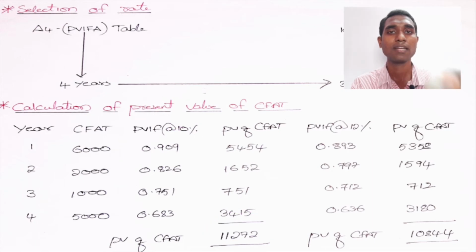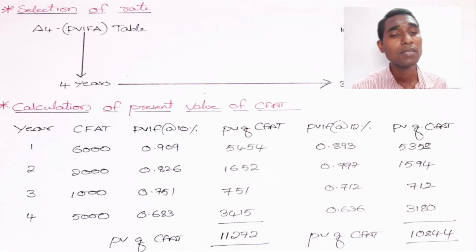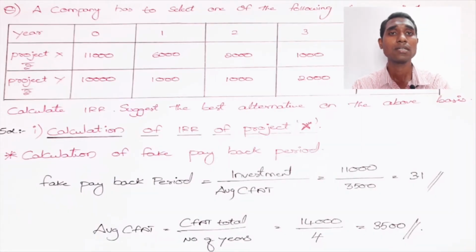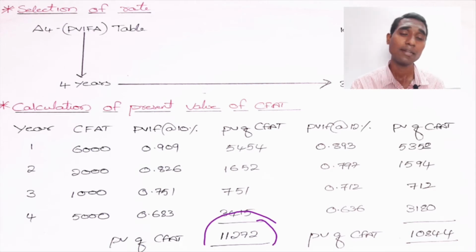Now, my dear friends, I need to compare it with the CO. What is my CO? Just go back. CO is 11,000. But I have an answer which is more than 11,000.